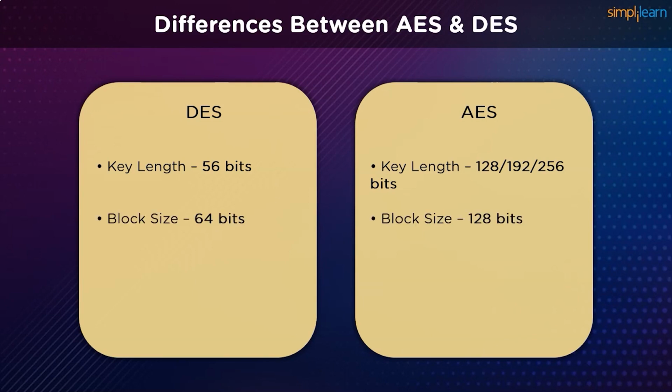The block size is also larger in AES owing to more complexity of the algorithm. The number of rounds in DES is fixed irrespective of the plaintext being used. In AES, the number of rounds depends on the key length that is being used for the particular iteration, thereby providing more randomness and complexity in the algorithm.